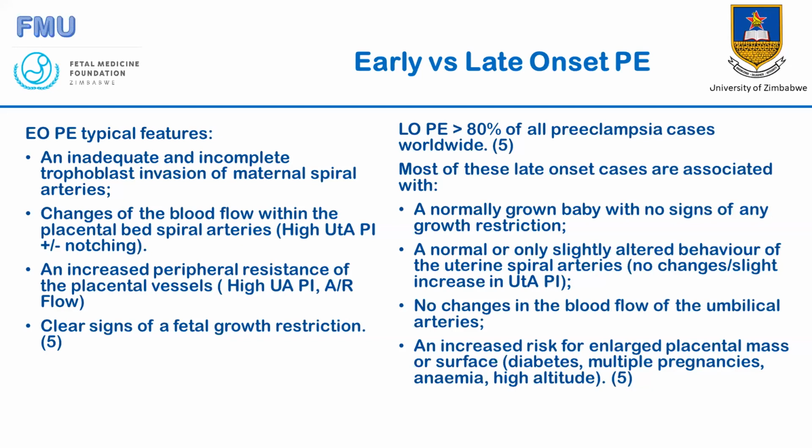There will be no changes in the blood flow of the umbilical arteries, so they will have normal PI values. And there is a risk of enlarged placental mass. I think this was touched on earlier, in cases of diabetes, multiple pregnancies, anemia, and high altitude.